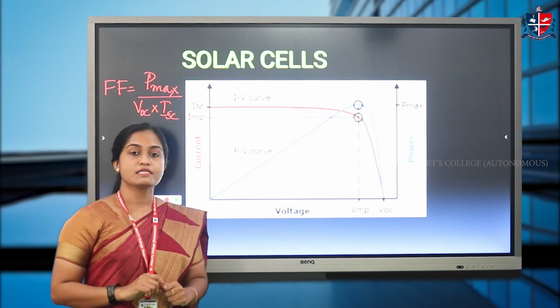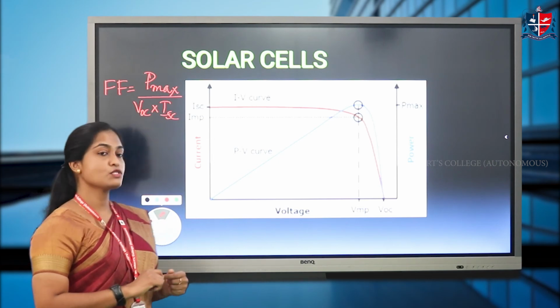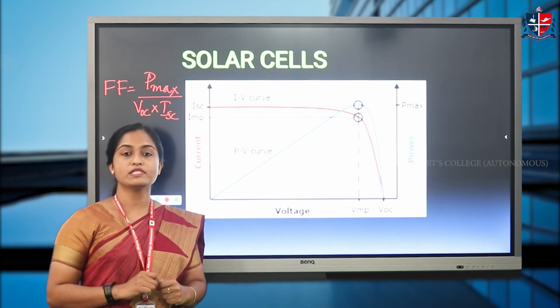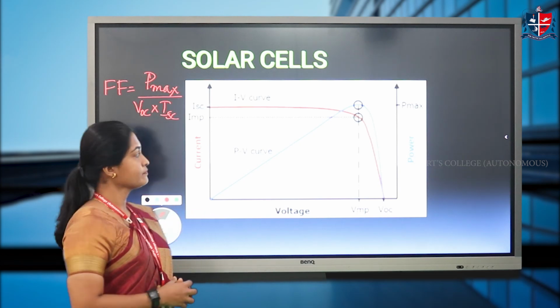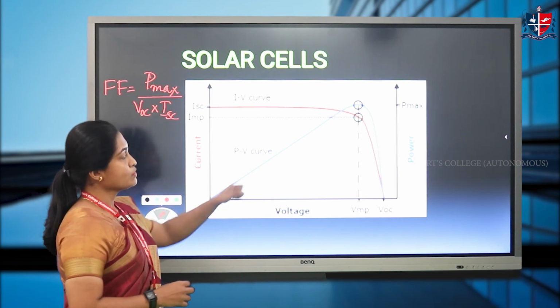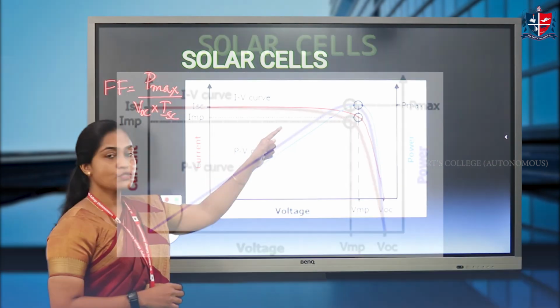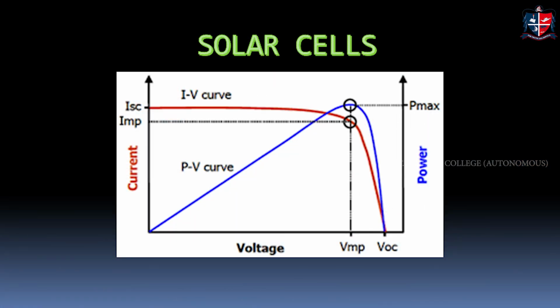Pmax is the maximum power point. A solar cell has to be operated at maximum power point conditions in order to have a maximum power output. For the maximum power point corresponding to Pmax, you can obtain VMP. The voltage corresponding to the maximum power point is VMP and the current is IMP.